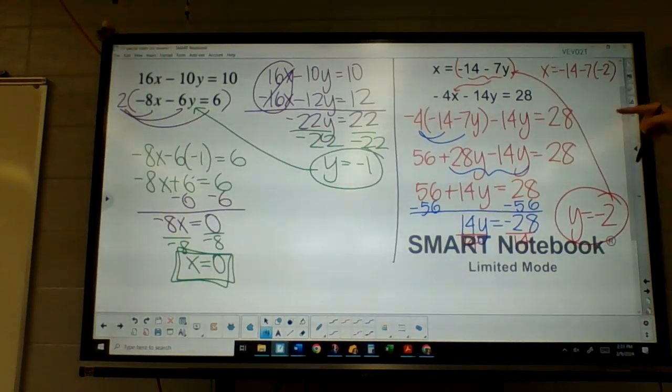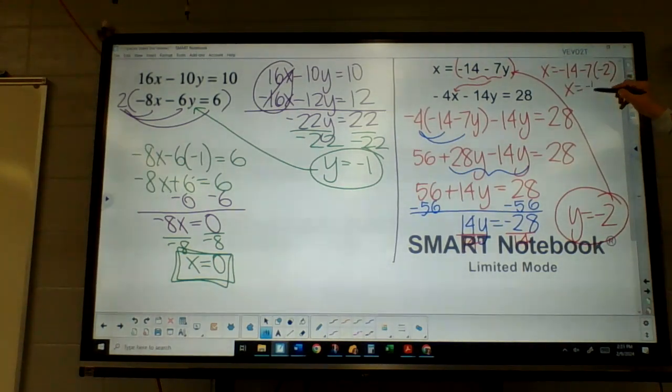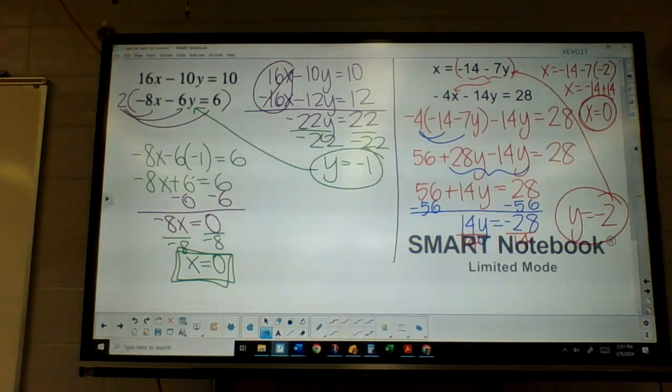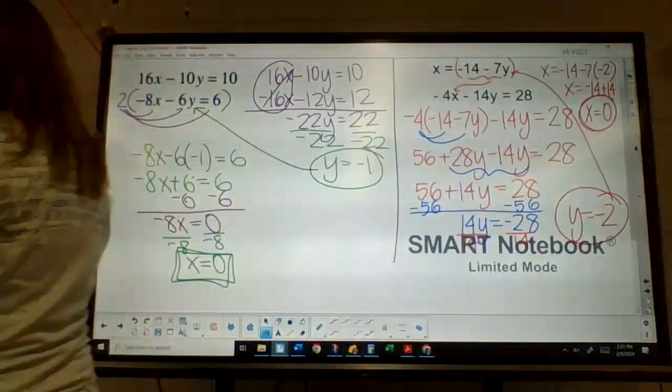And it kind of becomes one like the one we just had, where I substitute that back in, and negative 7 times a negative 2 is a positive 14. And so we end up with x being 0. So again, it might look like it's going to be a special case, but it's okay to get 0 as an answer.